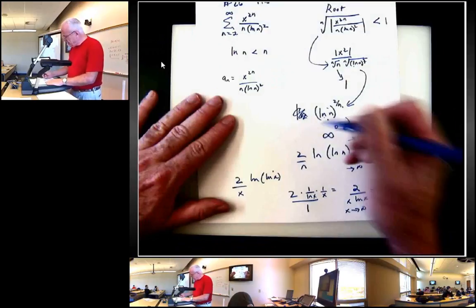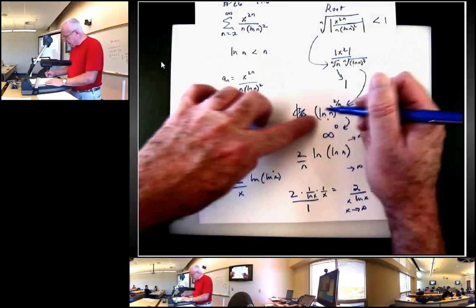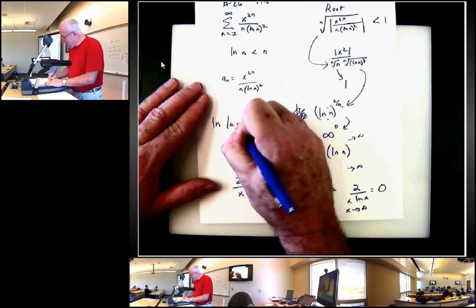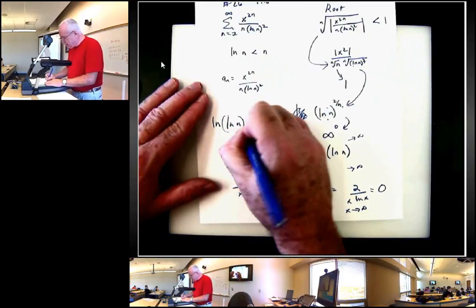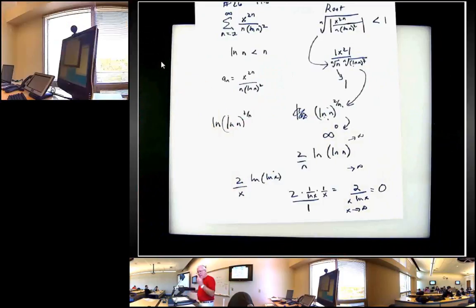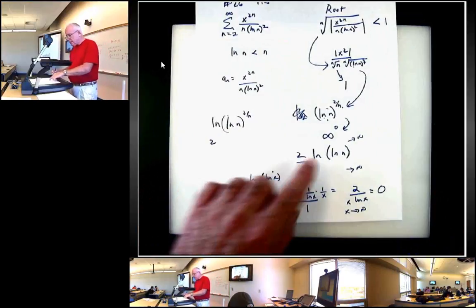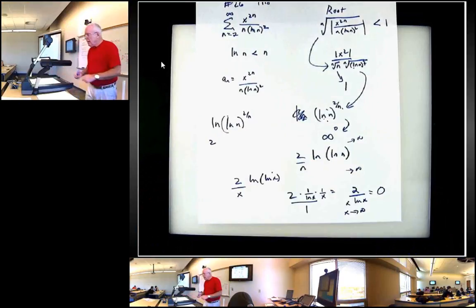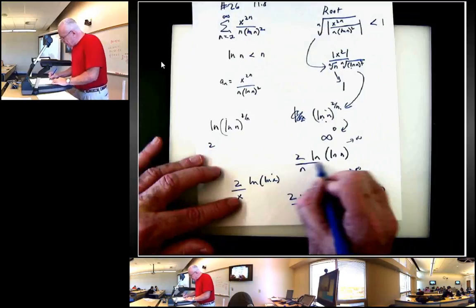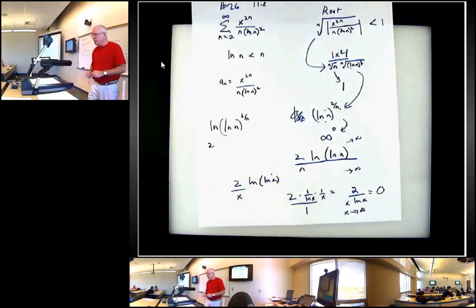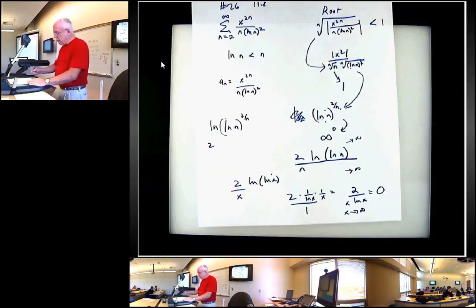So I take the ln of ln of n to the 2n power. So you bring the power down. Yeah, I can bring the power down, exactly. So that gives me 2 over n times the ln of n. And then this gives me a numerator and denominator. The numerator goes to infinity, the denominator goes to infinity. So I can use L'Hopital's rule.